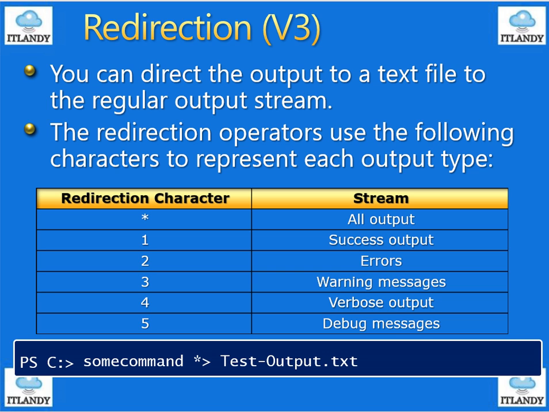So some commands have output, and then you can direct it based on your requirements. Windows PowerShell redirection operators enable you to send a particular type of output to a file and to the success output stream.